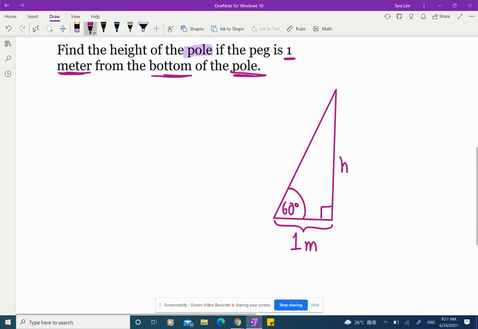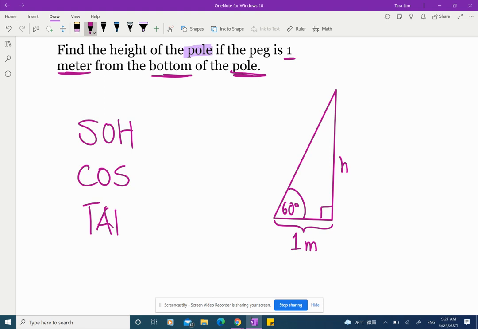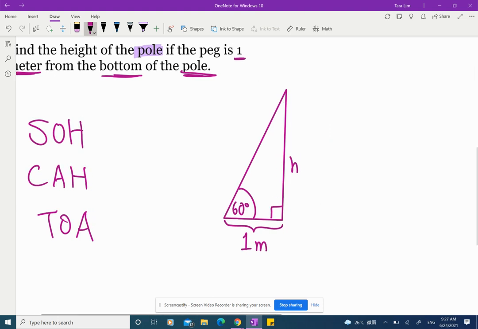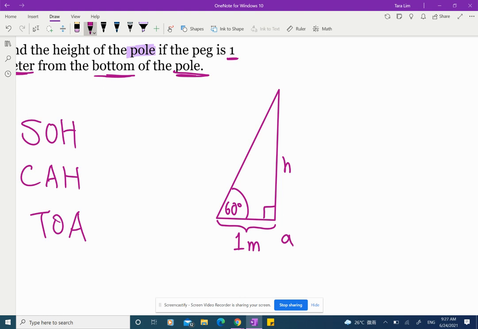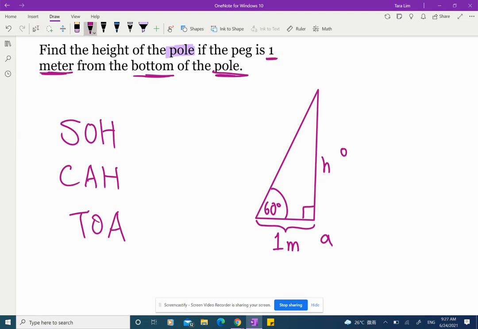So, like we did before, should we use sine or cos or tan? SOHCAHTOA. So here we've got the adjacent and this one is the opposite. So A and O, we see that we were calculating tan.